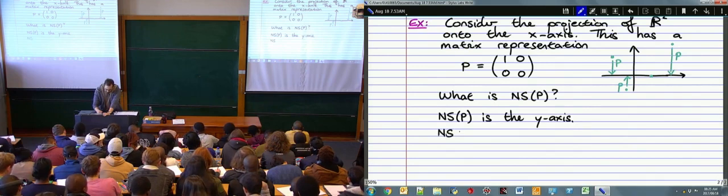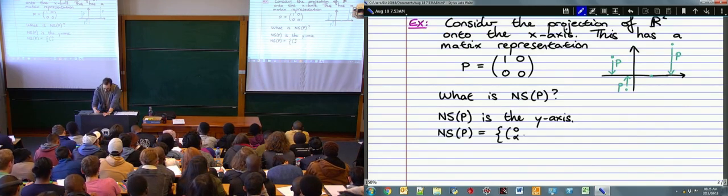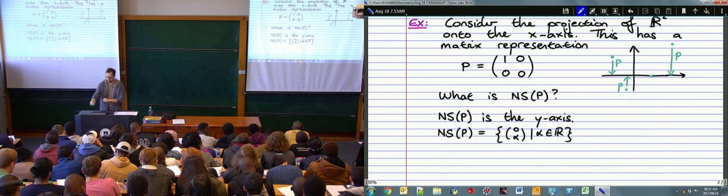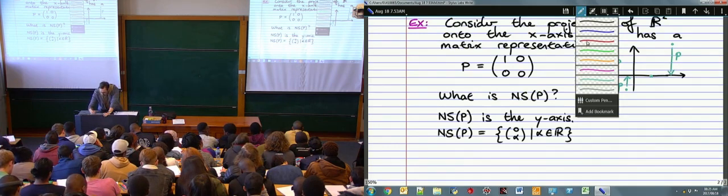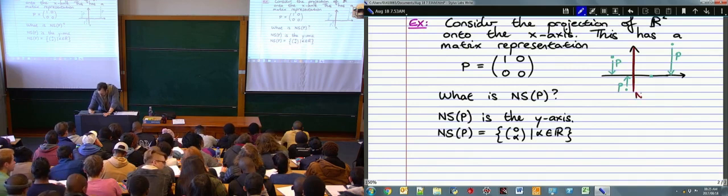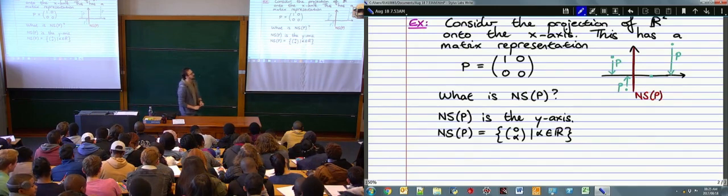Maybe you prefer to write it down symbolically. You'd say something like this. It's the set, we want the y-axis, so it must be something like (0, alpha), where alpha is an element of the reals. But the important thing to realize is that this is your null space of P. Everything in the null space gets projected down onto the origin.